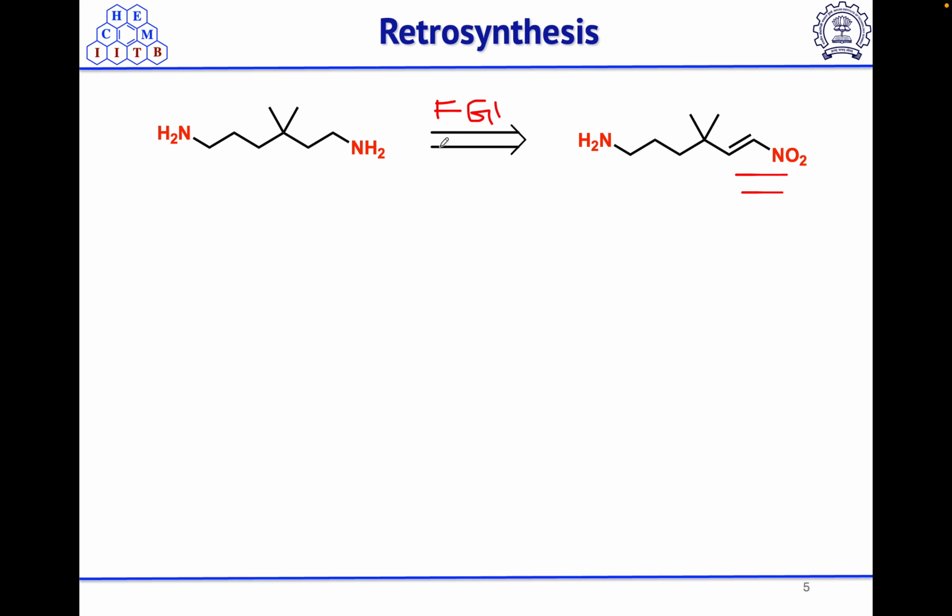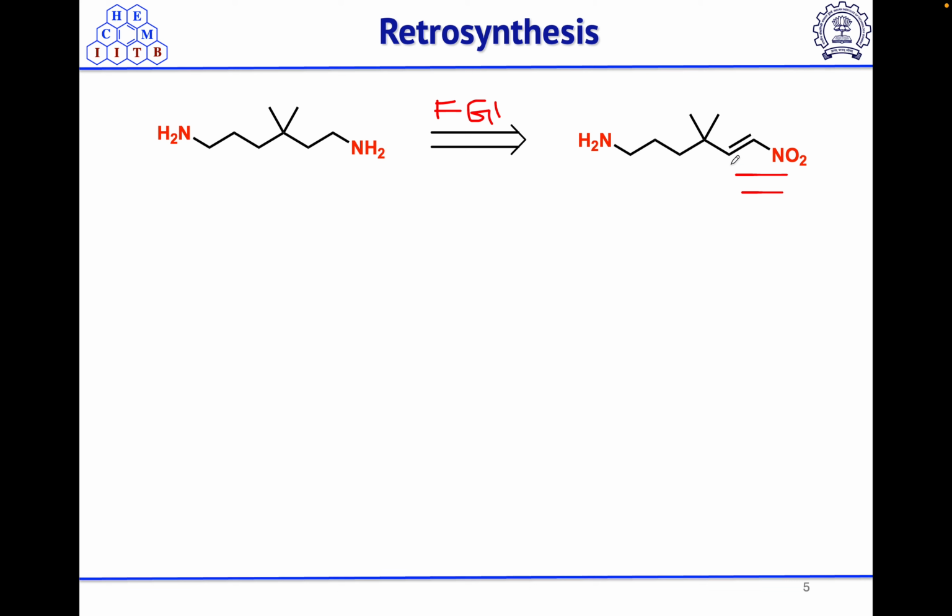Now from where can we get this compound? As you see, it has two functional groups, the amine and this alpha beta unsaturated nitro. This is also pretty simple.